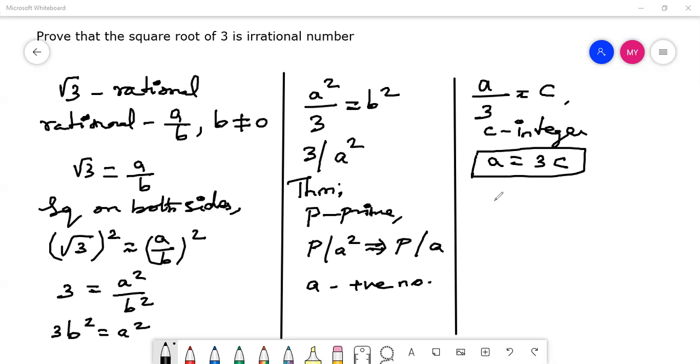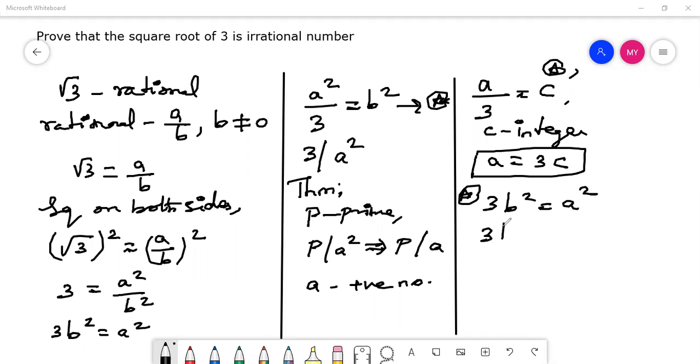Now we have to use some more steps to find whether 3 is dividing some other number or not. So 3b square equals a square. I am assuming this step as star, and I am using the star equation here after finding a. So 3b square equals a square. Now we have got a as 3c.